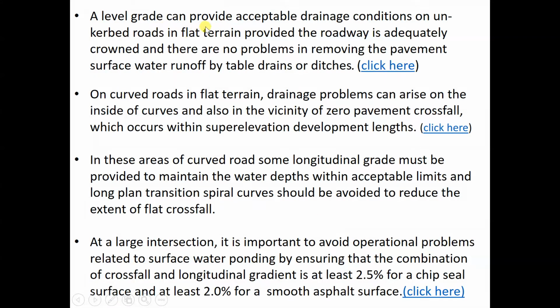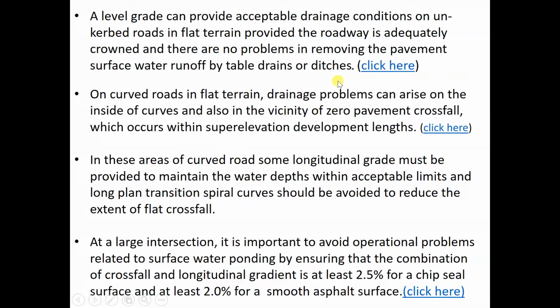A level grade can provide acceptable drainage conditions on an uncurbed road in flat terrain, provided the roadway is adequately crowned and there are no problems in removing the pavement surface water runoff by table drains or ditches.